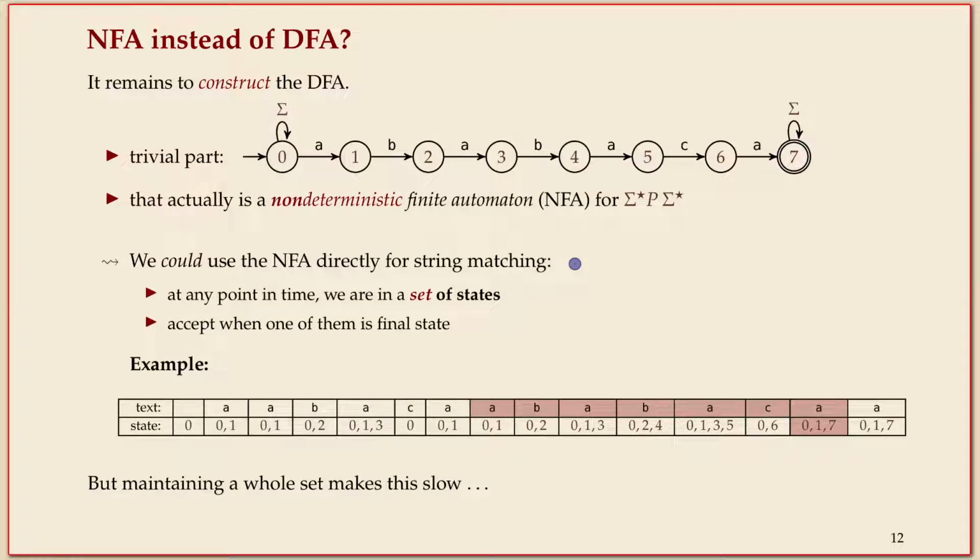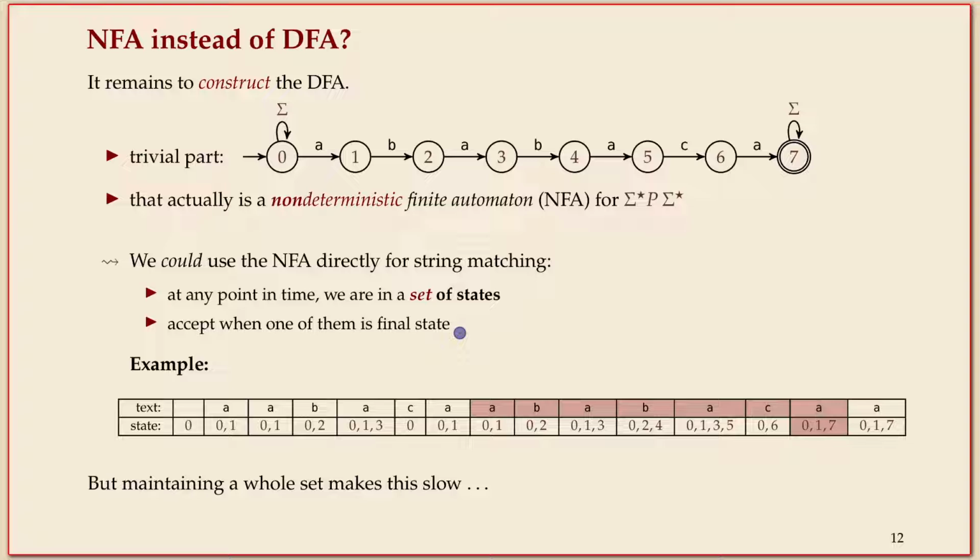There are no probabilities. There's nothing like this coming up. You can just stay uncommitted and stay in several states. You're happy to accept whenever the set of states that you're in at the same time contains an accepting state, a final state. I think this is much easier on an example than it sounds.